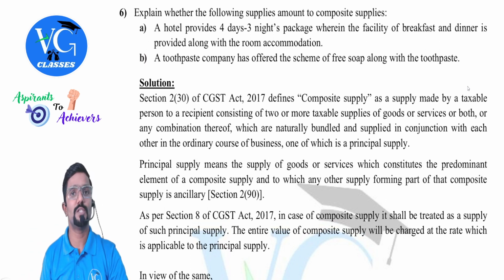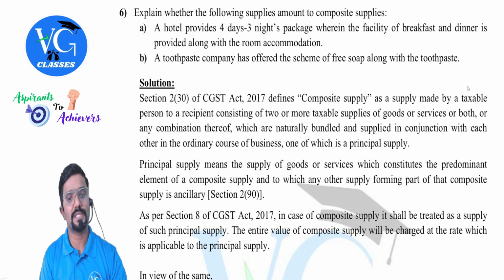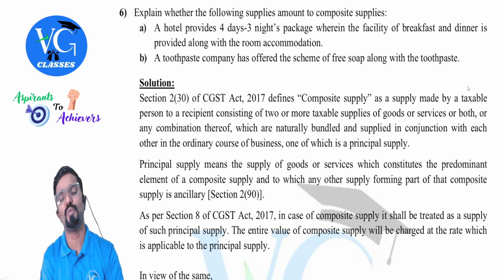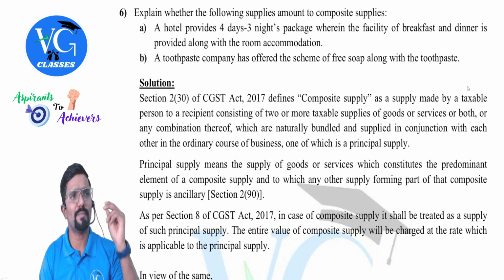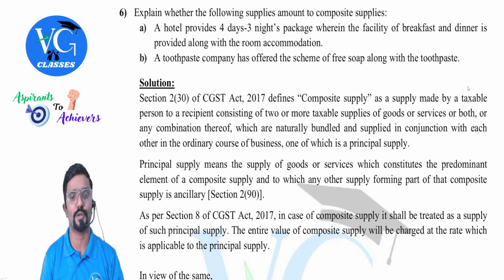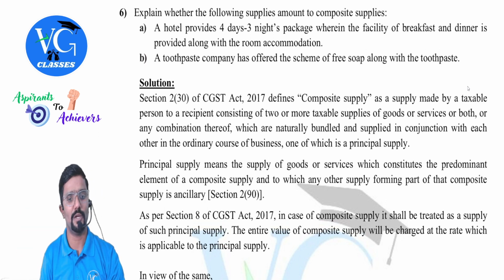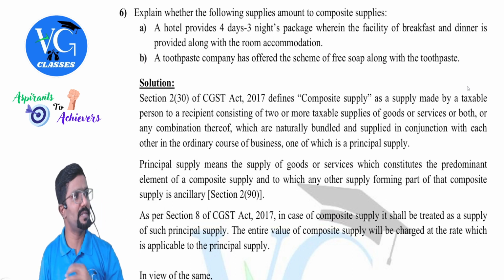It's also defined in section 2 clause 90. Principal supply means the supply of goods or services which constitutes the predominant element of a composite supply. What is the keyword here? Predominant. Guys, you have to use these words in the answer. And to which any other supply forming part of the composite supply is ancillary, like our charger and all. Section 2(90). And this is the definition of composite and principal supply.